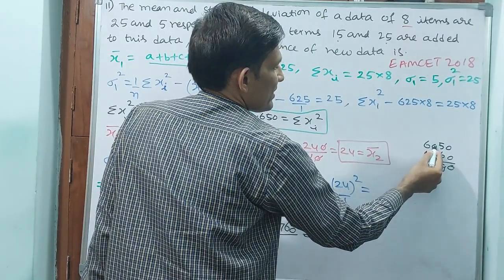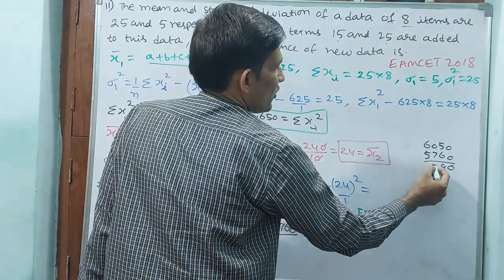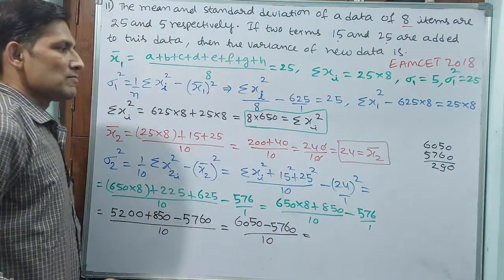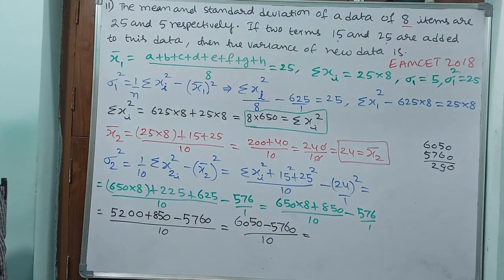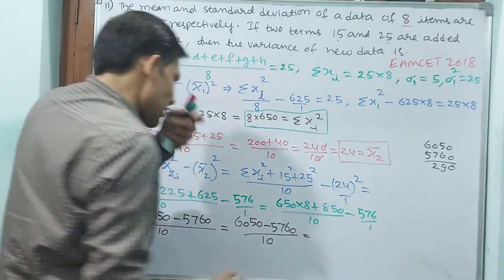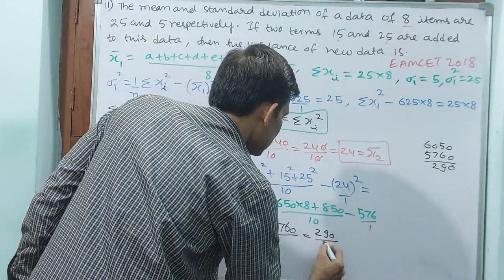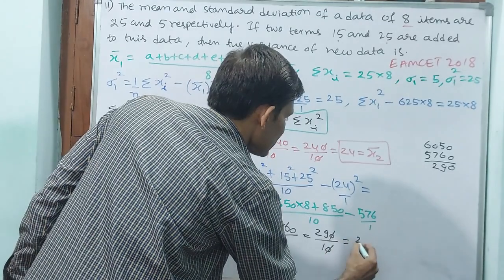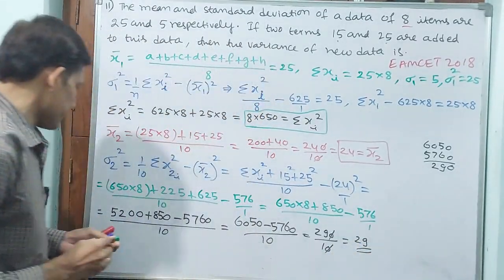Then what will be there here? 9 will be there. 290. Is it okay? 290 by 10. Then the 0s you cancel out. That means 29 will be your answer. Okay.